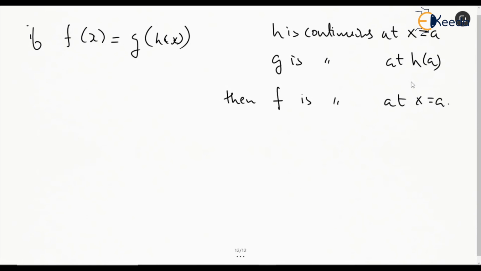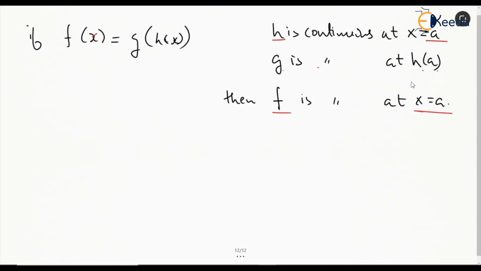So first of all, this f of x is g of h of x, so this is a composite function, and h is continuous at x is equal to a, and g is continuous at h of a, then f becomes continuous at that point x equal to a.